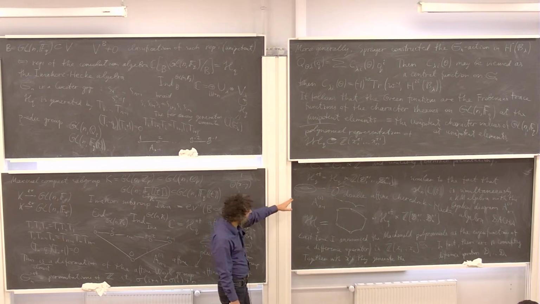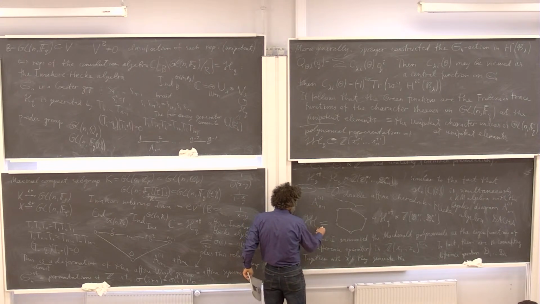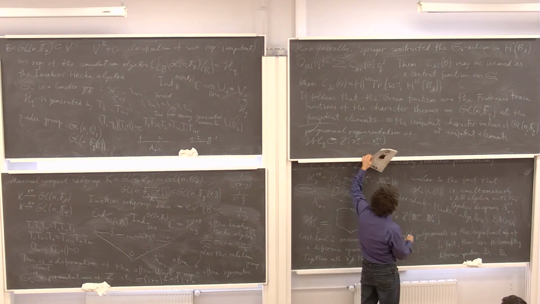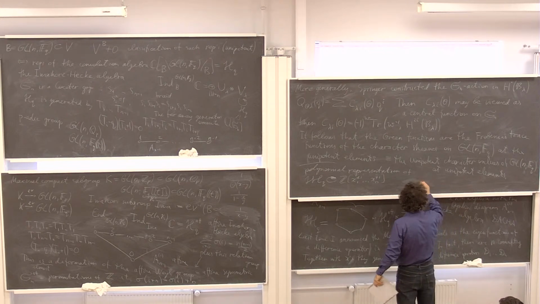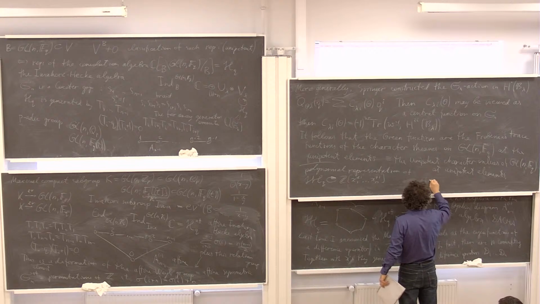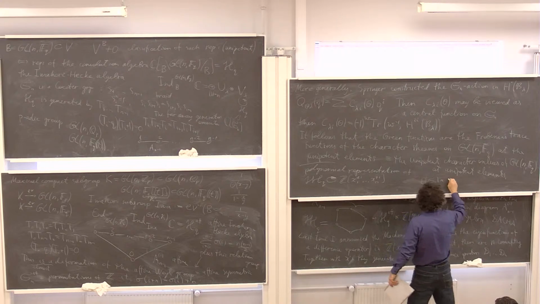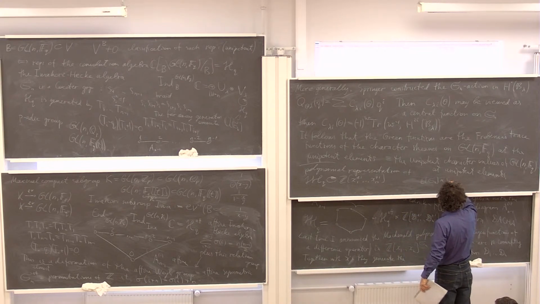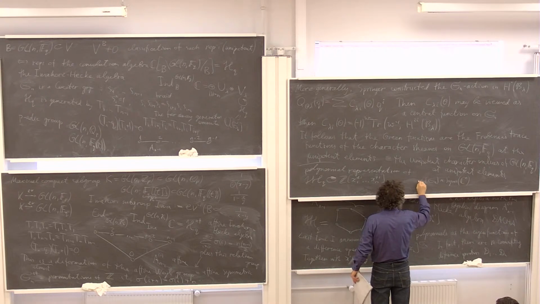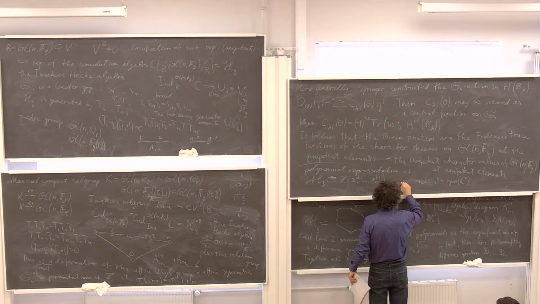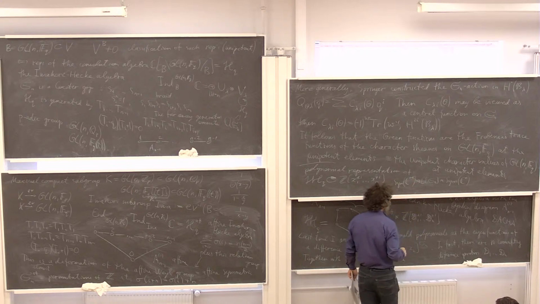Because in this rational degeneration, we start with the group algebra of a symmetric group that acts on polynomials in n variables, and also acts on polynomials in the dual space, like this.